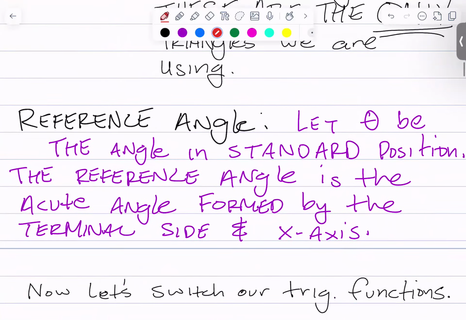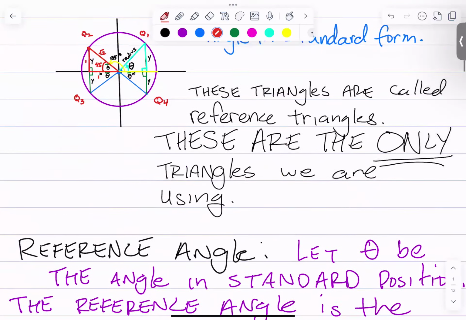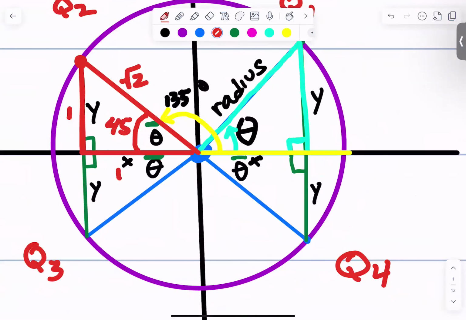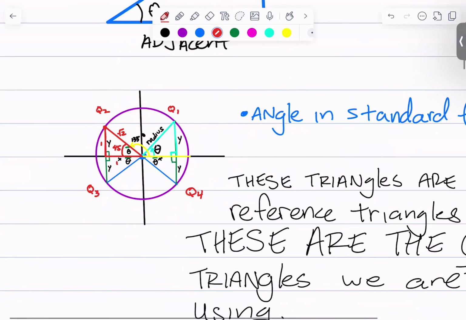The reference angle is, if we let theta be the angle in standard position, the reference angle is the acute angle formed by the terminal side and the x-axis. Okay, so it'll always be the terminal side with the x-axis. Okay, so notice that all of these triangles here have the x-axis included. Okay, and the y would be the perpendicular distance to the x-axis.